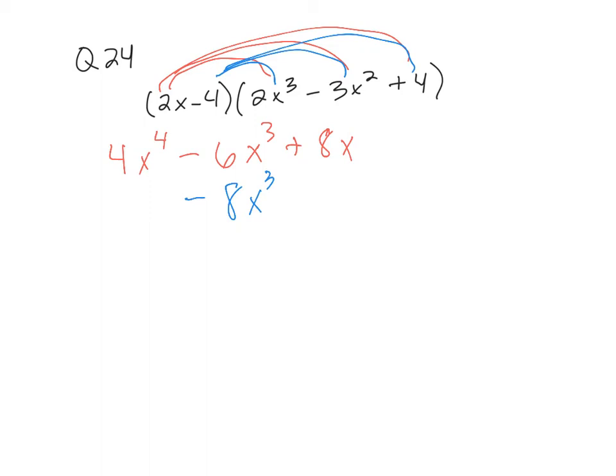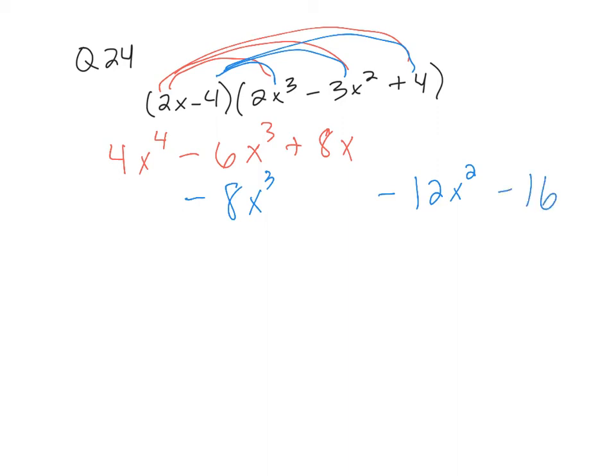Negative 4 times negative 3x squared is negative 12x squared. Now, I don't have any x squares here, so I'm going to write it off to the side. And then negative 4 times positive 4 is a negative 16.